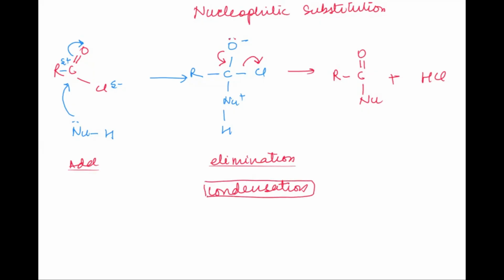So this is a nucleophilic substitution reaction because the attack is by the nucleophile. First the nucleophile adds, and later a simple molecule eliminates. So it can be called addition and elimination, or it can be called a condensation reaction. I hope this is clear.